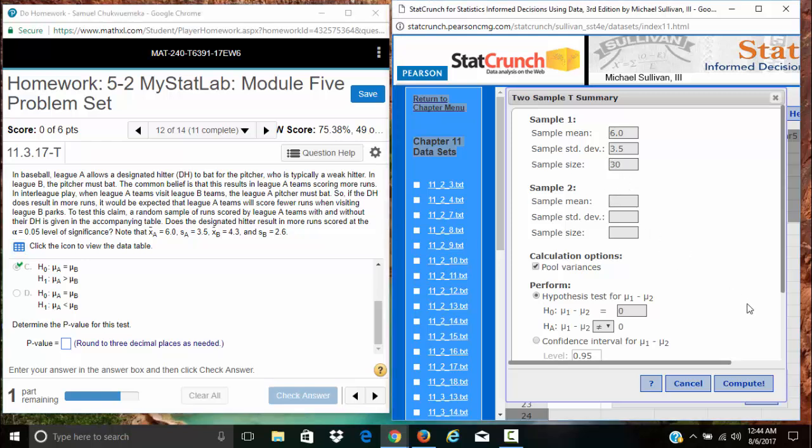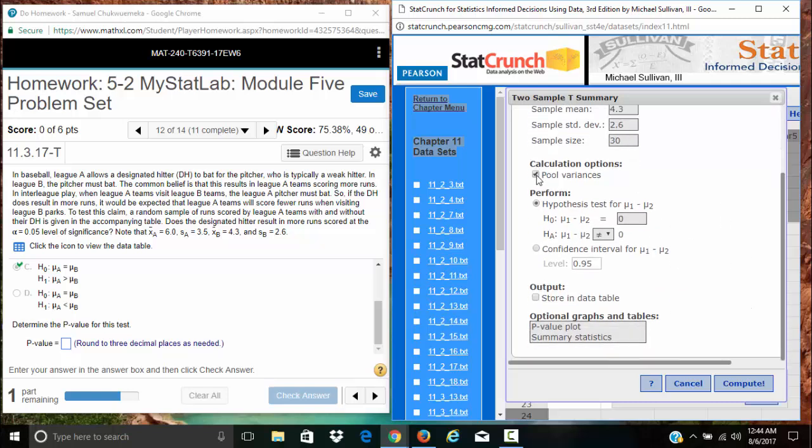Sample mean for B is 4.3. Sample standard deviation is 2.6. Size is 30. I just want to check pooled variances, and we want to get the p-value.